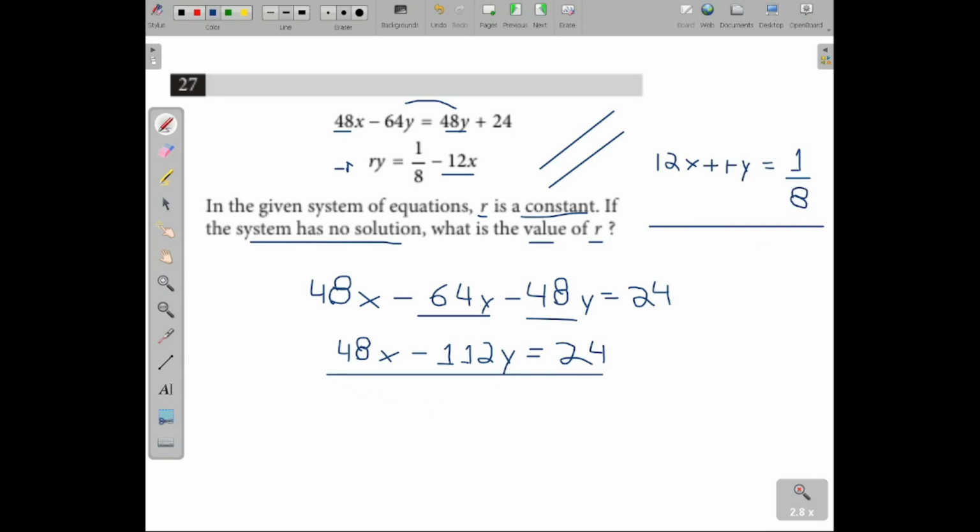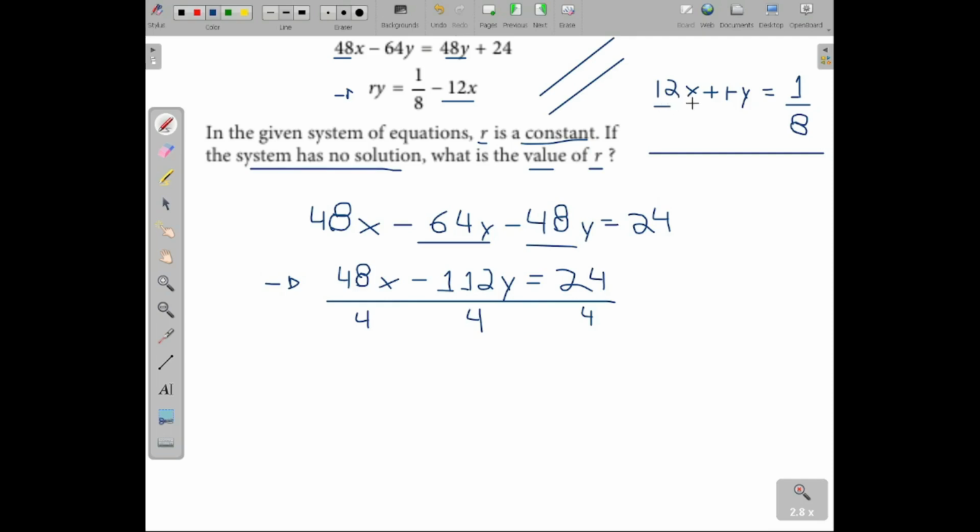So we get these two equations, and as we can see, if we divide this first equation by 4, all the three terms, we'll get the same coefficient of x. 48x divided by 4 is 12x, minus 112y divided by 4 is 28y, equal to 24 divided by 4 is 6.